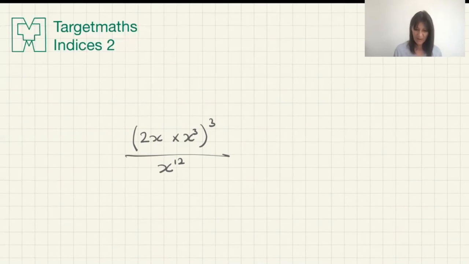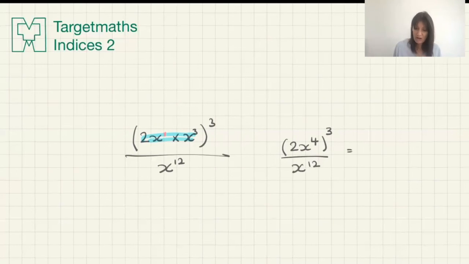It's not just one quick go. So first thing is to sort the bracket, okay? So this is going to give us 2x to the 4. Remember, you've got that invisible 1 going on there. That is still in its bracket being raised to the 3. And obviously that's over x to the 12.